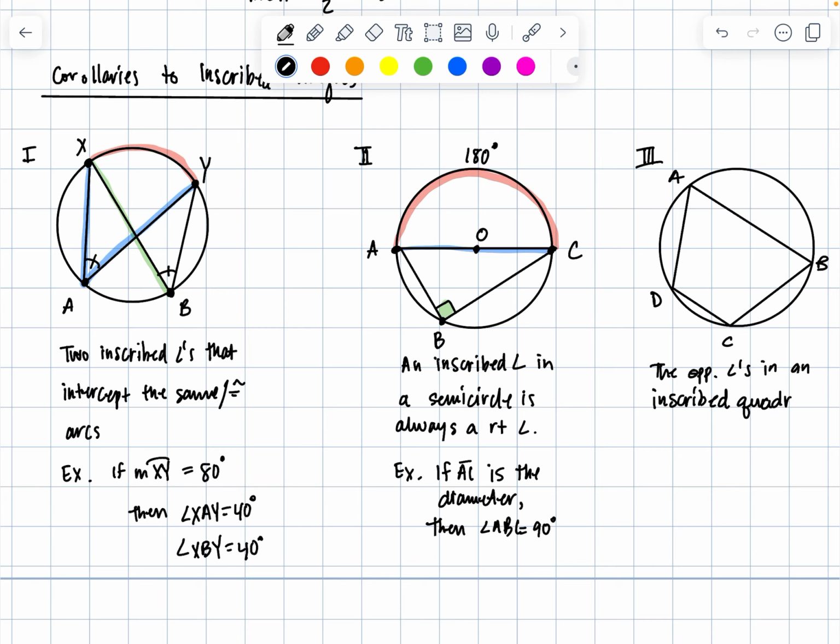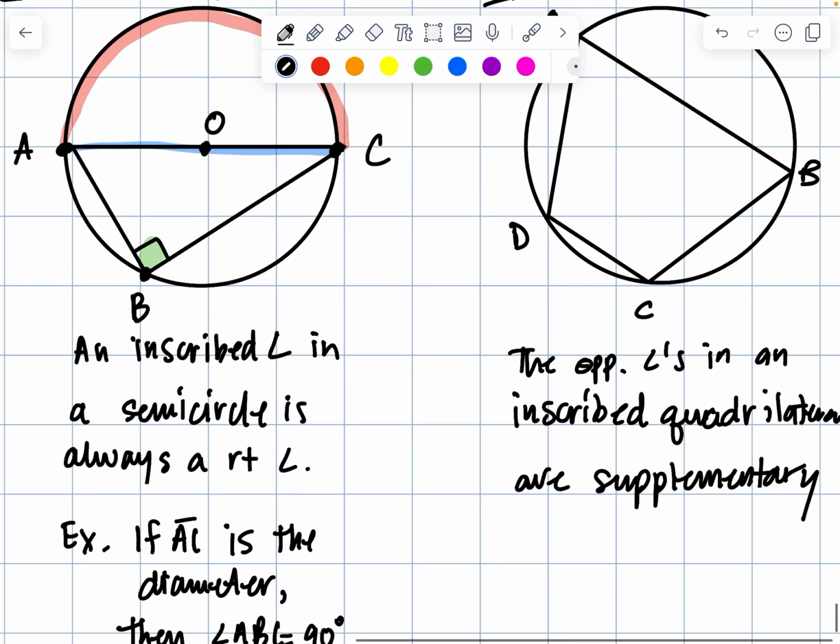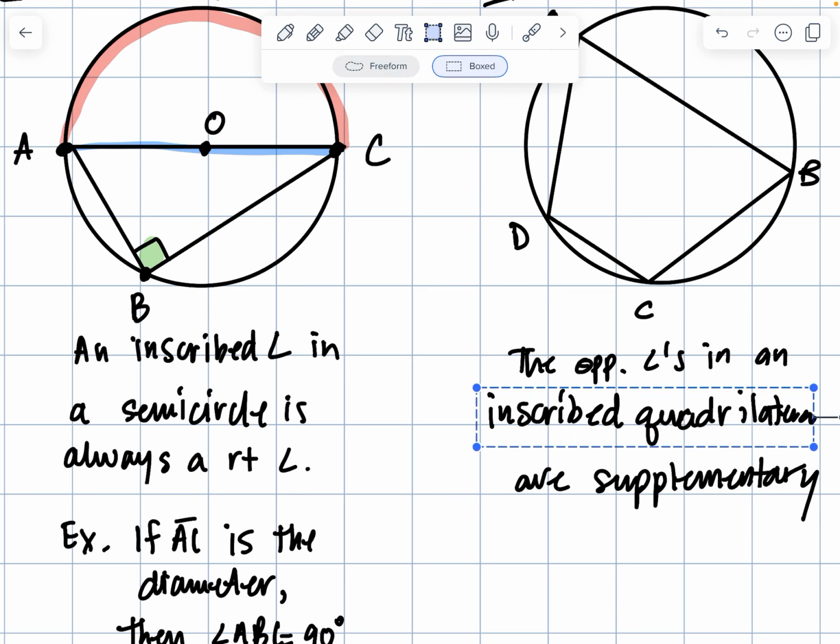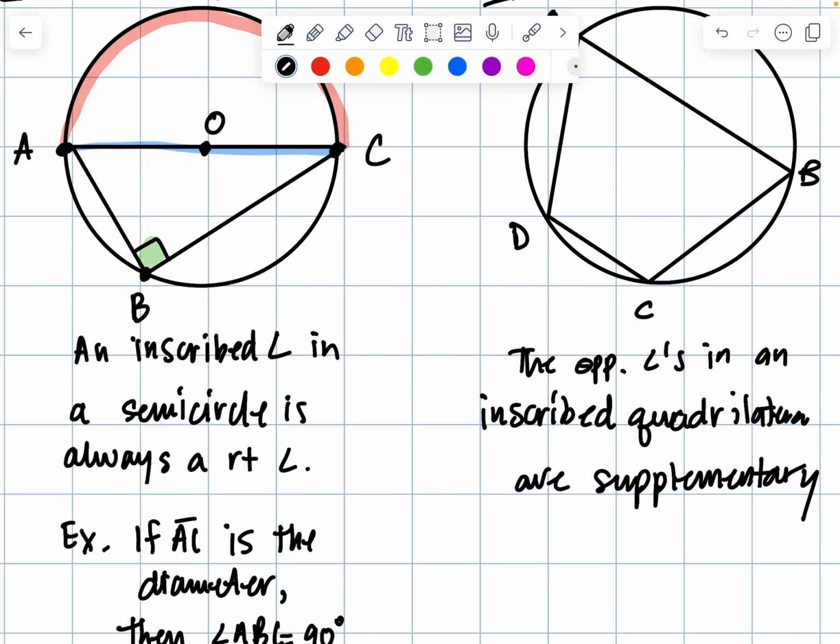Circumscribed would be the circle, because it's outside of the quadrilateral. So if you remember, supplementary means they add up to 180 degrees.